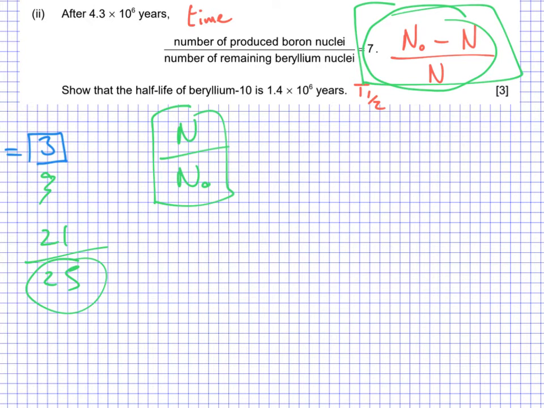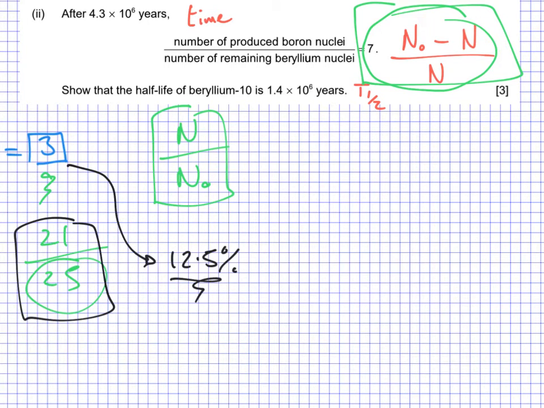And once I get a percentage, I can link it back to the number of half-lives, because remember, if I'm at 50%, I'm going to have 1 half-life. If I'm at 25%, I'm going to have 2 half-lives. And in this case, I'm looking for 3, which is going to give me 12.5%. So I'm looking to prove that I've got 12.5%, because that would be 3 half-lives.